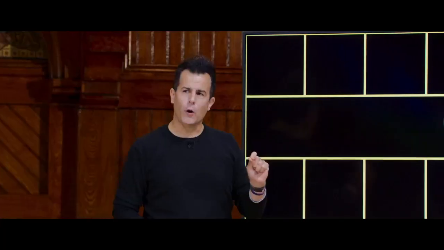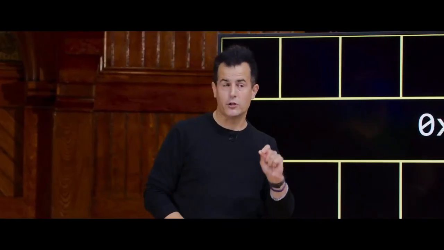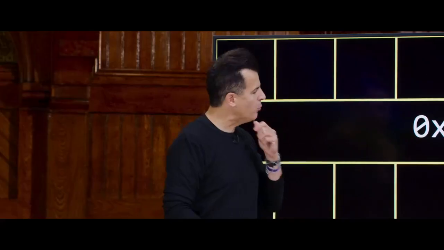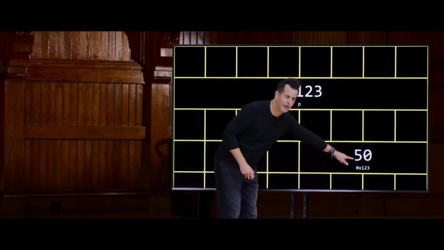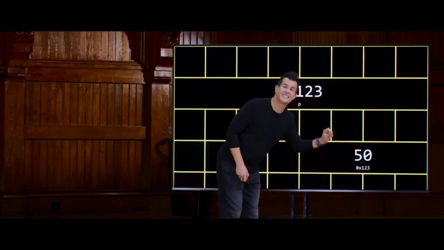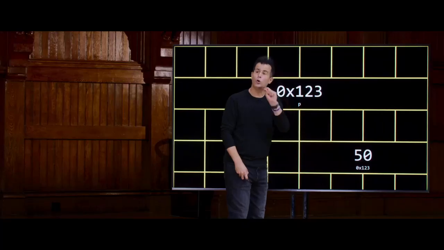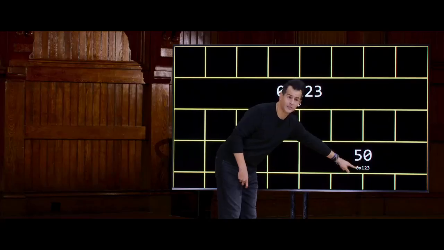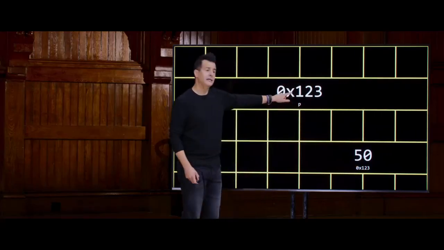Well, recall a moment ago, I declared p to be a pointer to an integer. That is the address of an integer. So what's happening in memory is this. If n is down here and happens to be at address 0x123, when I actually assign p to ampersand n, that just literally takes that address of n and puts it inside of p.